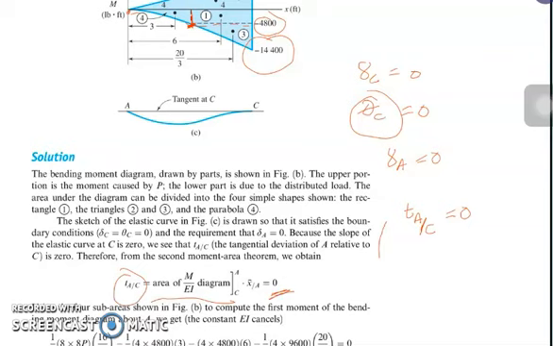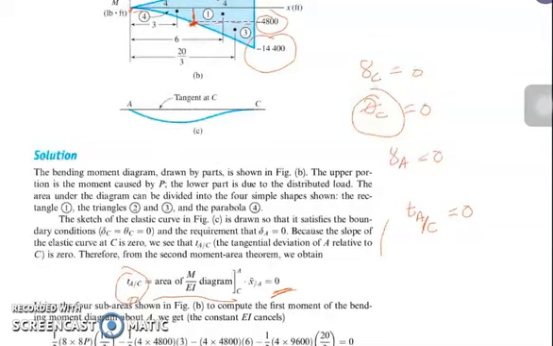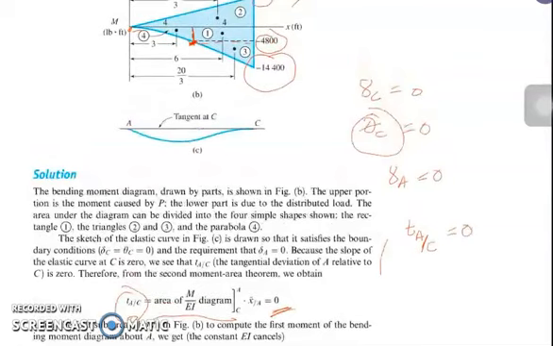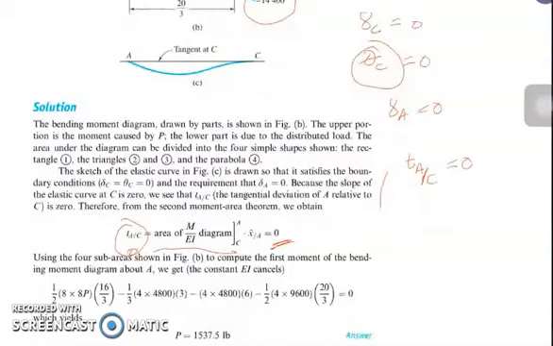Therefore, using this equation, equating that to 0, we simply have to get the area of this bending moment diagram. You sum up all the areas of this figure.